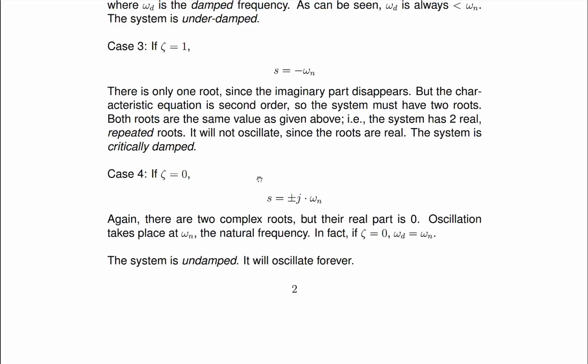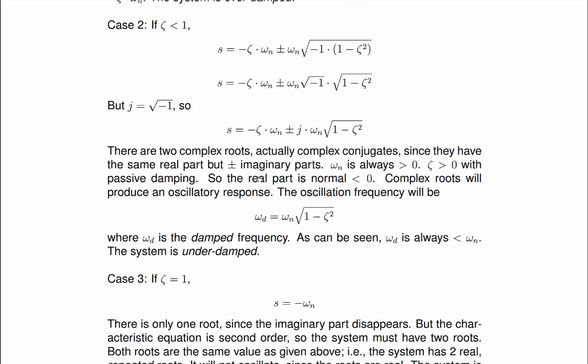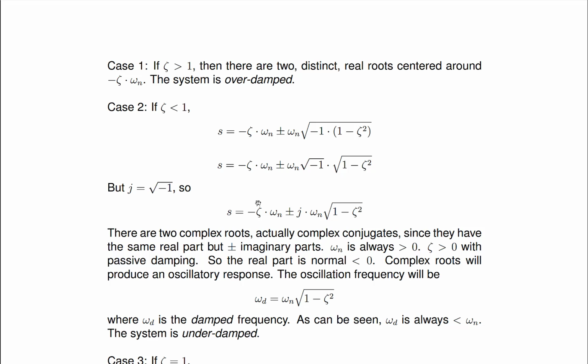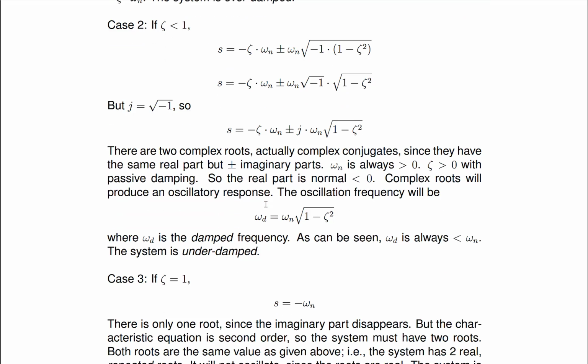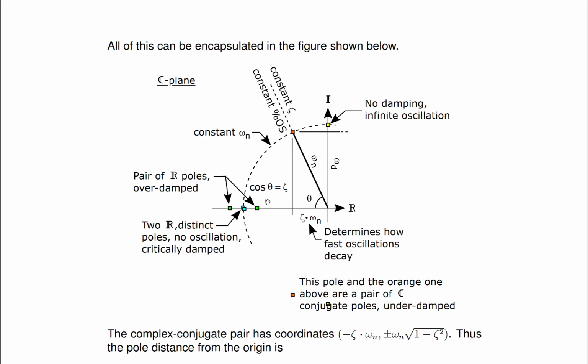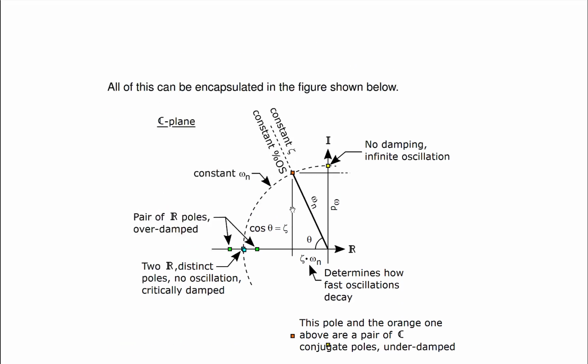Now case 2 was the underdamped case. This is the case where we have a complex conjugate pair. So zeta is between 0 and 1, and that's this orange root here, and then there's another one down here. They have the same real part, which is negative.